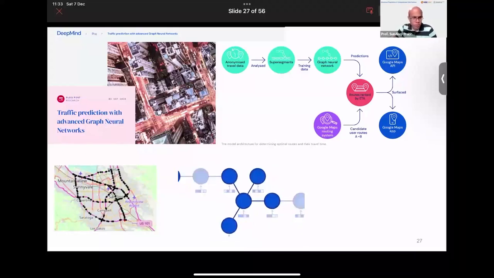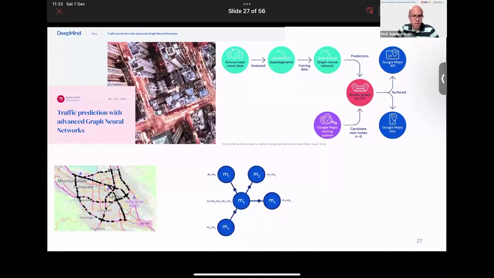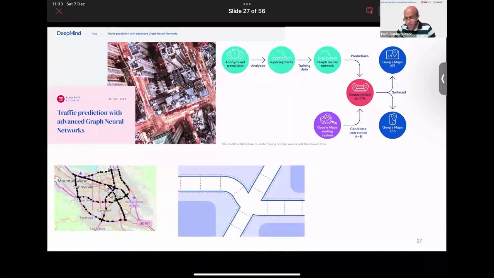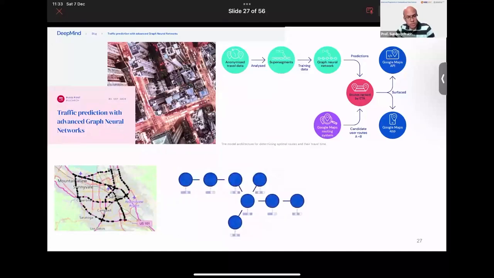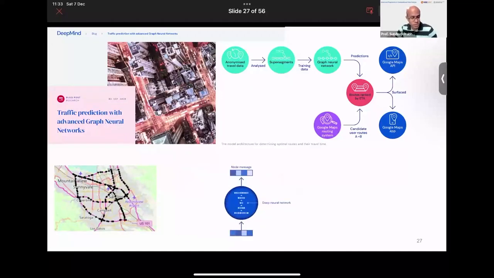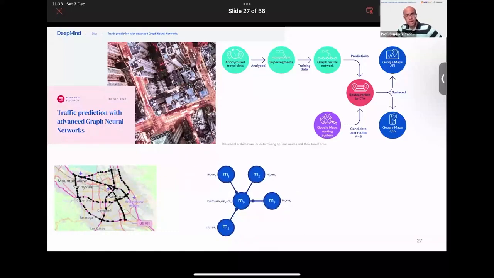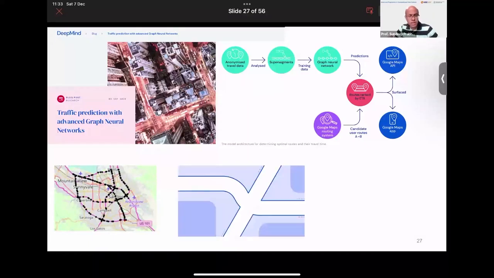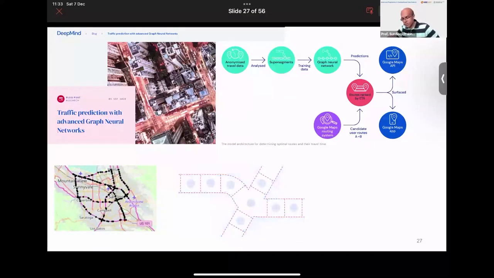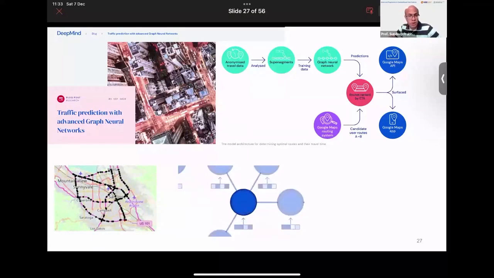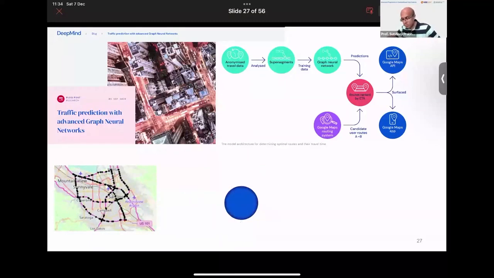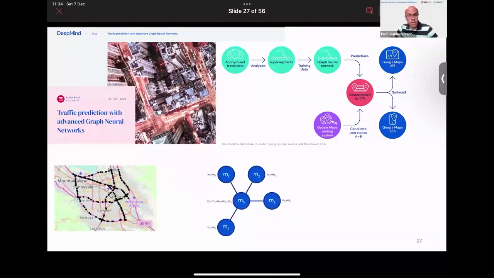And if you want to predict best routes, for example, maybe not in India, but in many places where you would like to see what is the best resource to dispatch, in case of dispatching ambulances, what is the best route to take, or what is the best resource allocation in case of retail or storehouse management, graph neural networks play a very important role there as well.